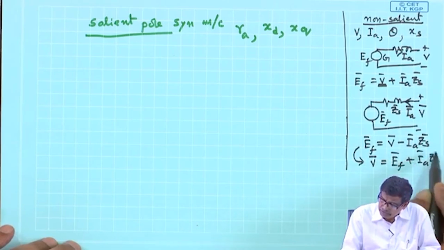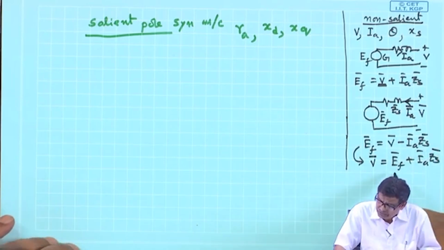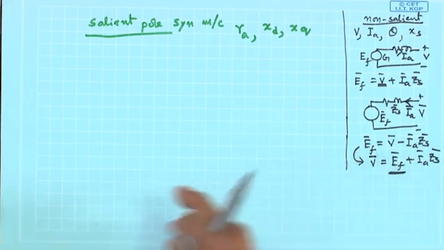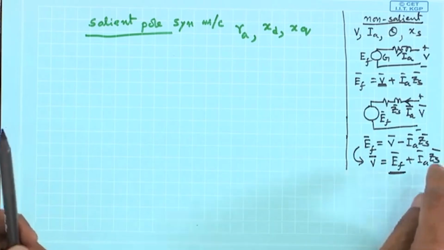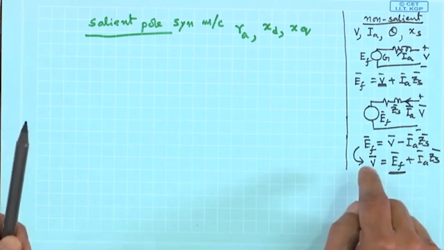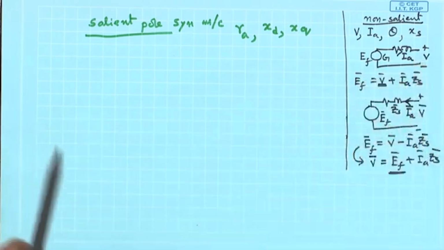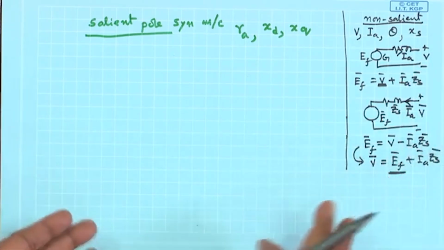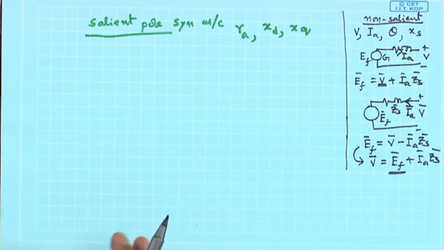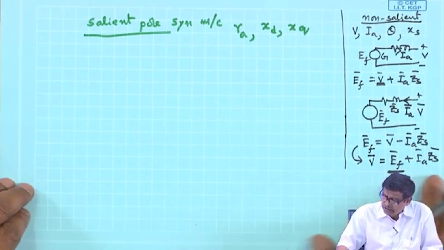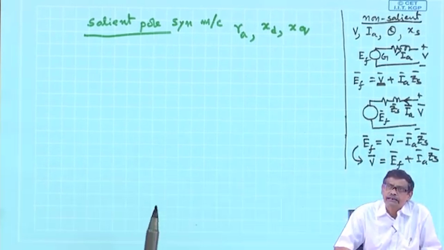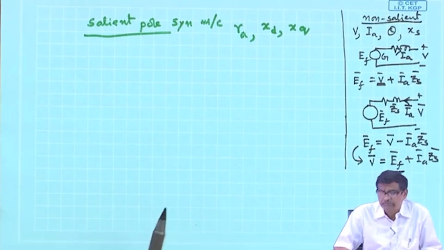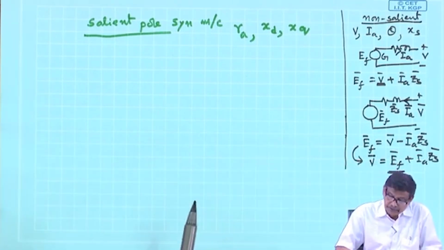In motor mode, it is better you first draw Ef, then add to it the Ia Zs drop to get the terminal voltage. So, this you must remember. This is no additional information about machines, but this way you will make the least mistakes, perhaps no mistake.